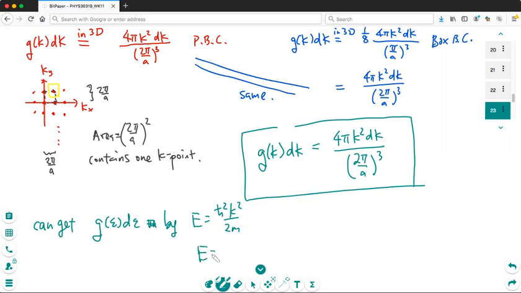I can have a linear E(k), which looks a bit like light, like a photon, with some speed governed by c. I don't want to just say this is the speed of light. For example, in a phonon, this will be the sound velocity. Once I plug this in, I will have a different way to get my G(E)dE.